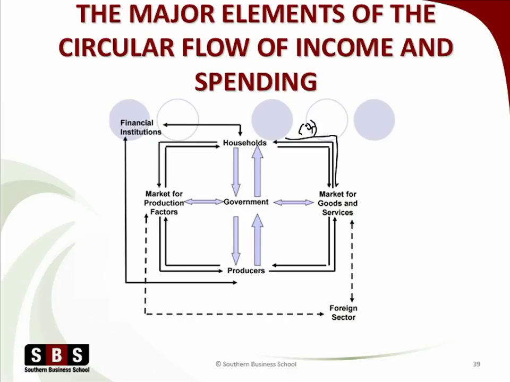Okay, so it could be any of those. So see how the flows work. From government flows to the market for production factors and for the market for goods and services. But concentrate on the outside flows. That's why I highlighted the earlier slide. The outside flows, just please make sure that you understand that.